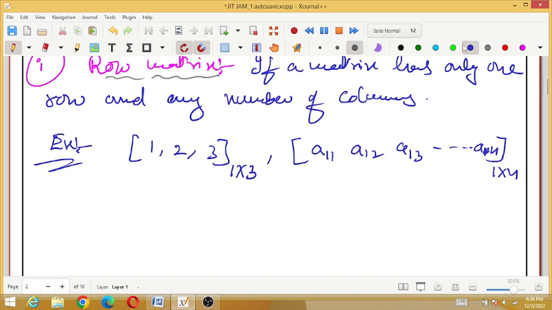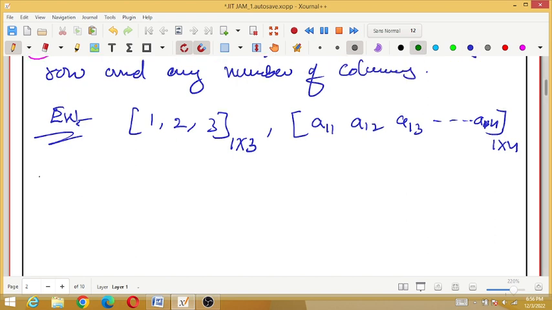Next, similarly, the next definition is the column matrix.